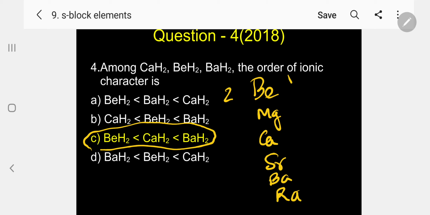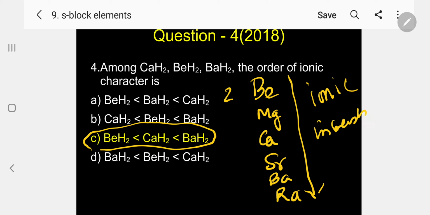When you compare properties, ionic character increases down the group. The first member, beryllium, is generally covalent, an anomalous property. Barium is given as hydride, calcium as hydride, and beryllium as hydride.